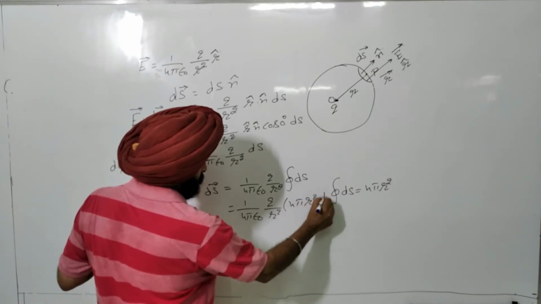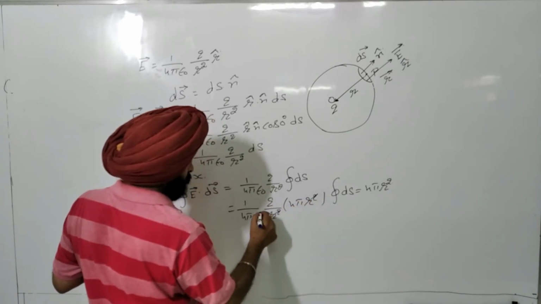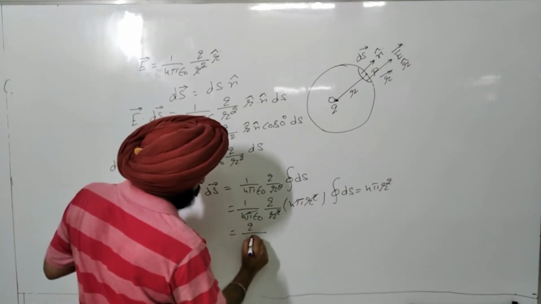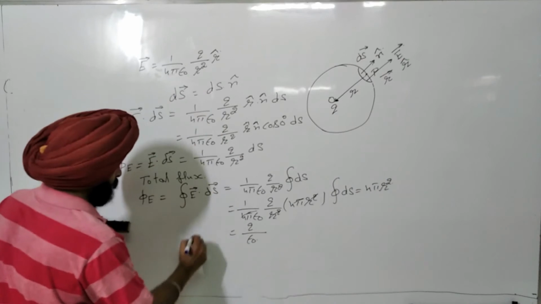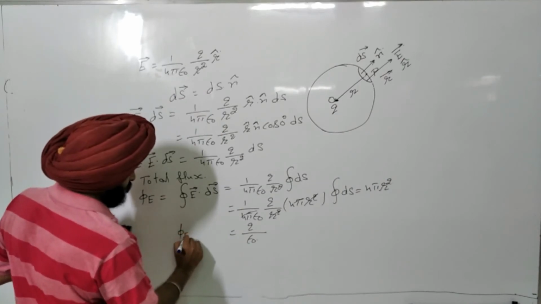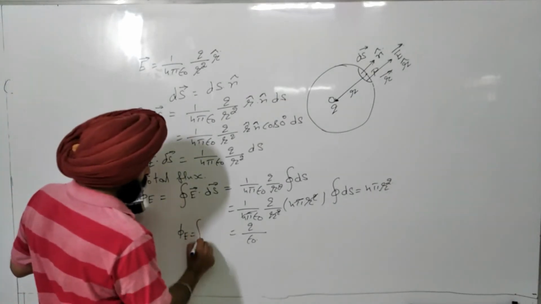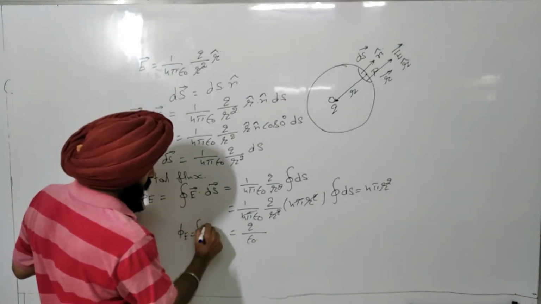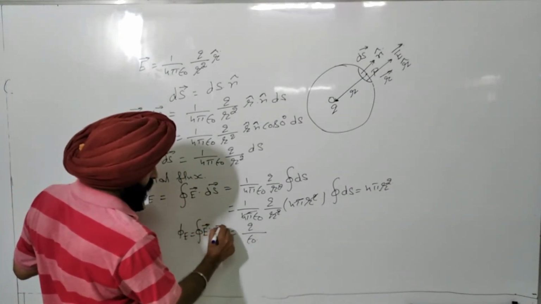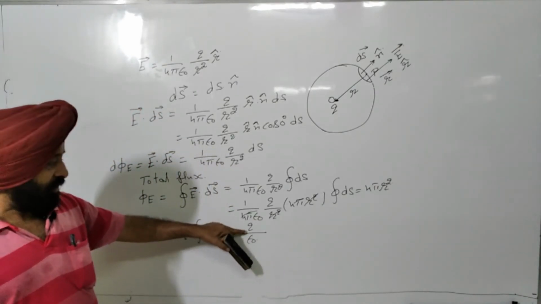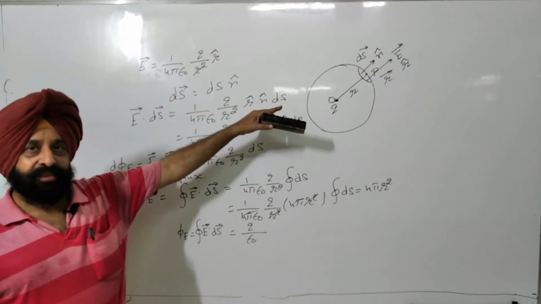Multiplying 1 over 4 pi epsilon 0, q upon r square, into 4 pi r square, the terms cancel out, and it comes out to be q upon epsilon 0. So phi E, the electric flux over the surface, the surface integral of the electric field, is equal to the charge enclosed in the surface.